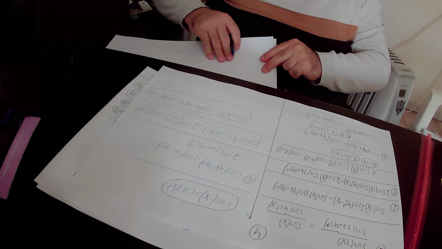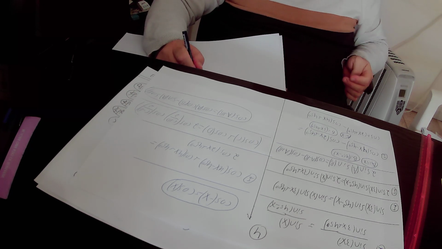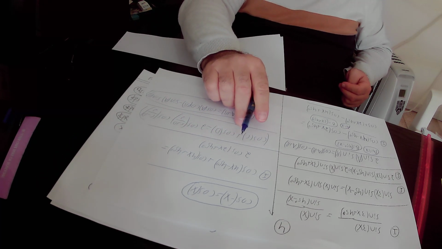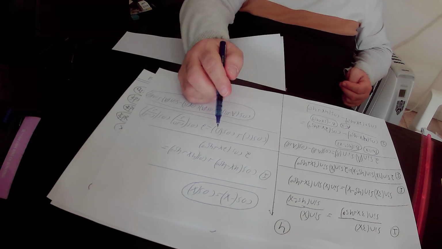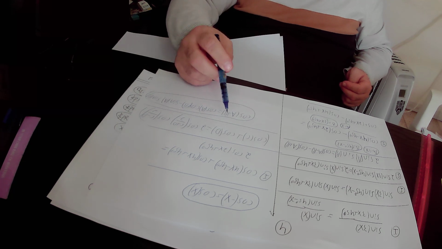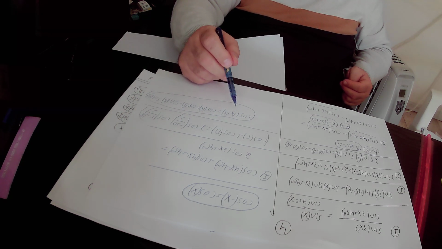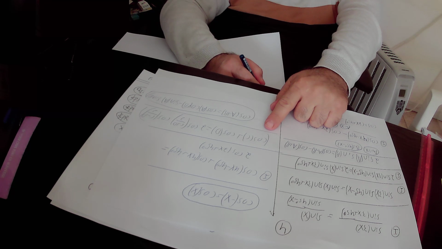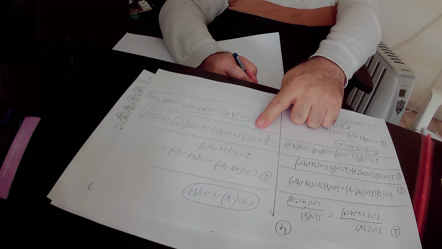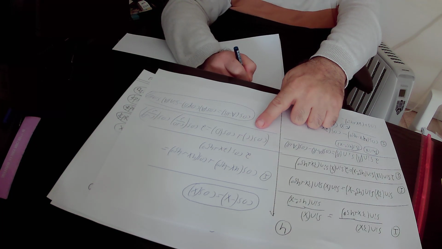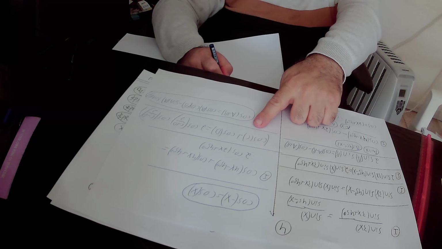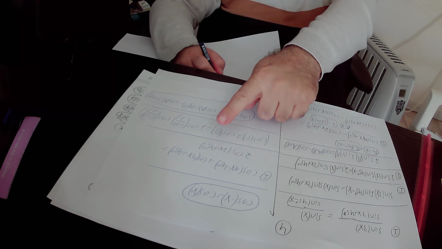So first of all, we will deal with this expression, cosine 4x minus 45 degrees plus cosine 4x plus 45 degrees, and we will simplify it according to this trigonometric identity of cosine C plus cosine D. So here C equals 4x minus 45 degrees and D equals 4x plus 45 degrees.